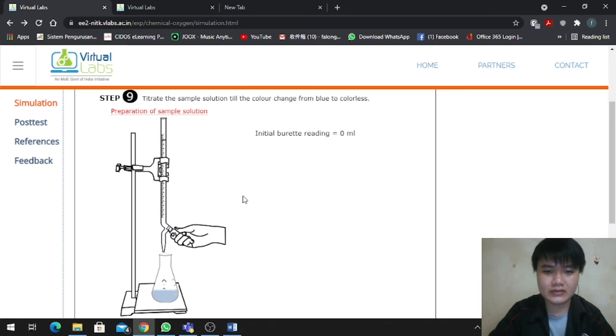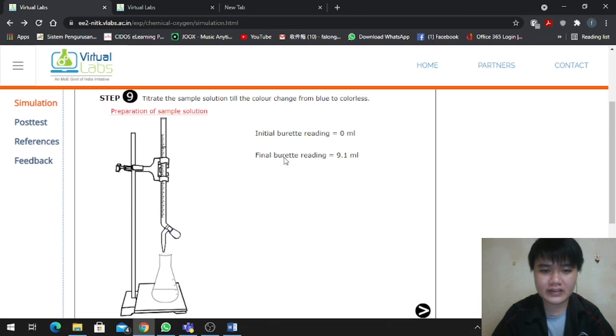Waiting to get the data. Finally we get the final burette reading is 9.1 milliliter.